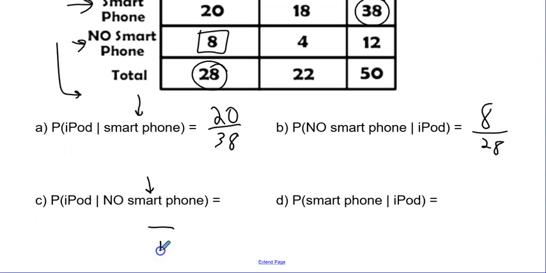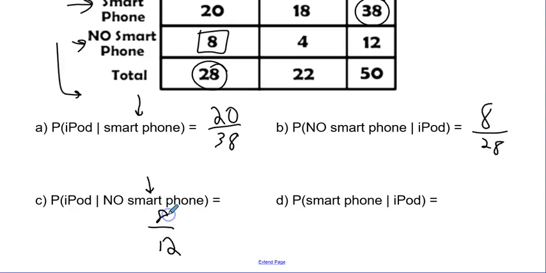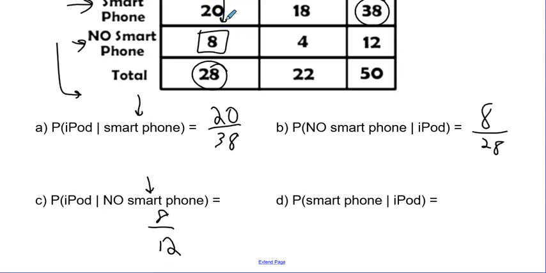So that's my denominator, 12. In that same row of no smartphone, how many iPods are there? 8. That's my numerator. And last but not least, smartphone given iPod. So I find iPod. That's here. So I go to the total, which is 28. That's my denominator, 28. Smartphone, 20. And that's it. It's just reading the chart.